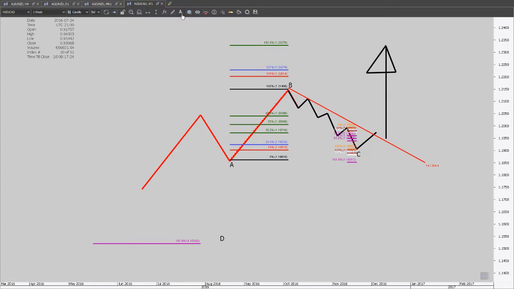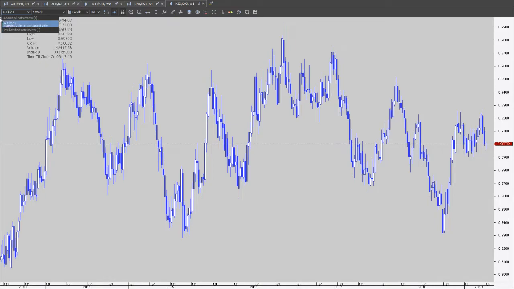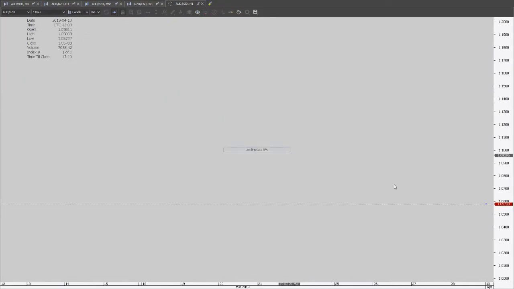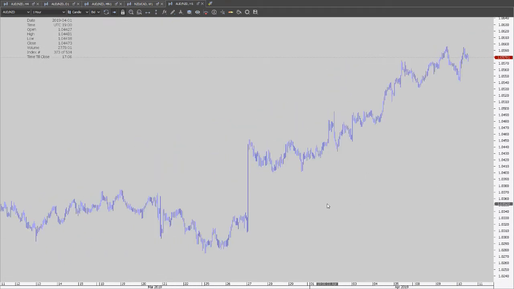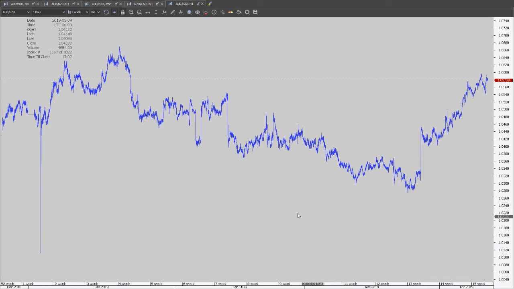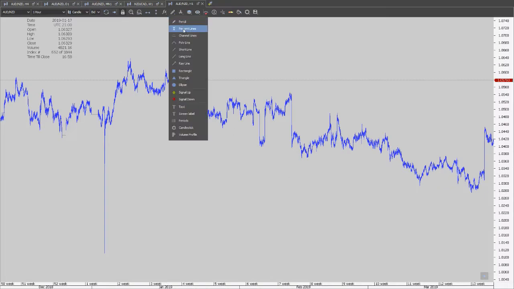Okay, now the AUD NZD and the AUD CHF are moving up, so we're going to take the AUD NZD 1 hour chart. We're going to compress the chart, right? Compress the chart, and we were in a downtrend, right? 1 hour chart.